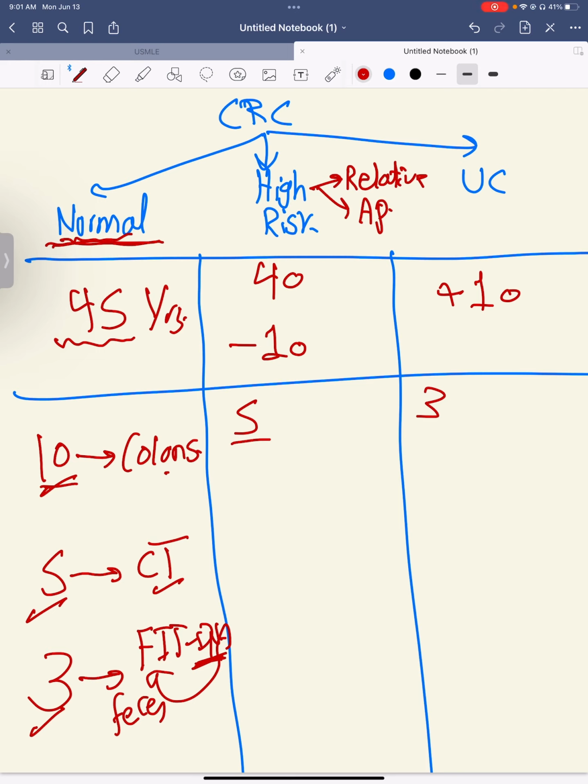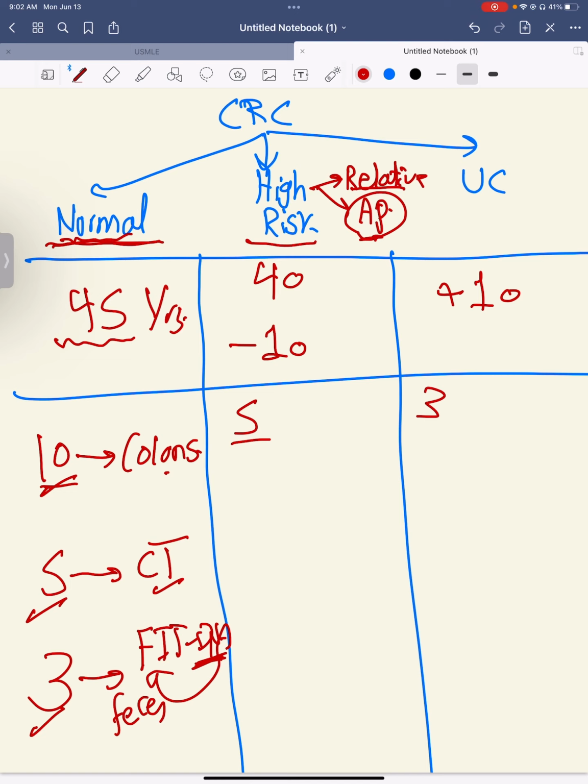Let's move to the next group, which is the high risk group. They have a relative. For example, we have a patient whose father or mother got colorectal cancer at whatever age, or he himself had a colonoscopy before and we know he has an adenomatous polyp.